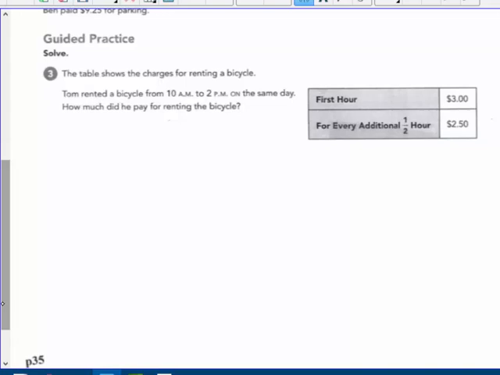The table shows the charges for renting a bicycle. The first hour is $3. Tom rented a bicycle from 10 to 2. Well, from 10 to 2, that's 4 hours. So the first hour, he would pay $3. For every additional half hour, he's paying $2.50. So if I double this, that's a whole hour, right? Which means I would double this, would give me $5. So the first hour is $3.